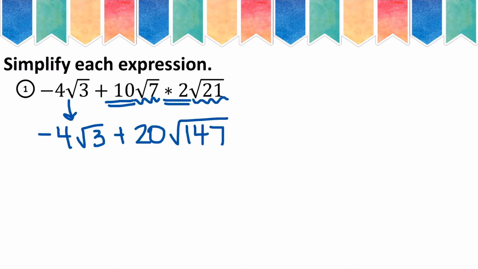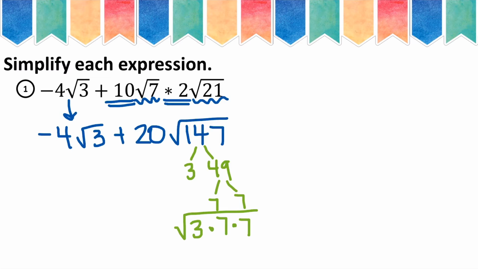So let's make a factor tree for 147. 147 can be divided into 3 and 49. And 49 can be divided into 7 and 7. So the square root of 147 can be rewritten as 3 multiplied by 7 multiplied by 7. And this outside 20 will come down.